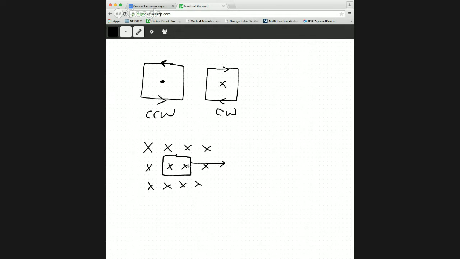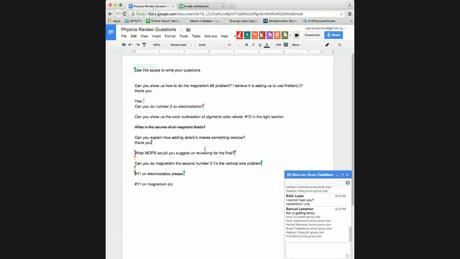So remember, we have to do the opposite of what you're doing. So we're losing X's, so as we pull this out, we need to gain X's. So this is going to create a clockwise current. Did that answer your question?